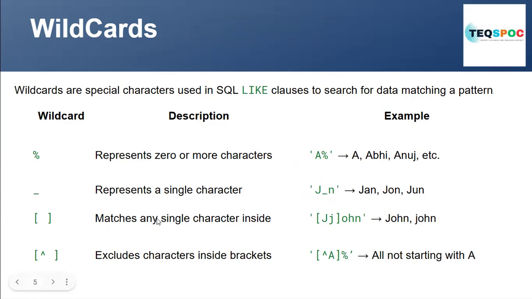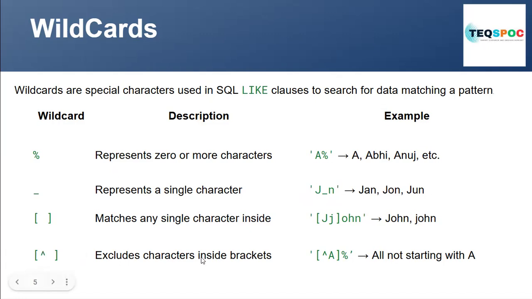I want to match any single character inside. Means I want those strings which only have capital J or small j, return them. Inside square brackets, you will write the character, and it will basically return those strings which have this character.